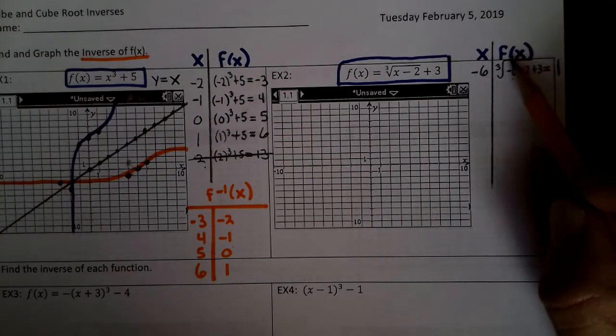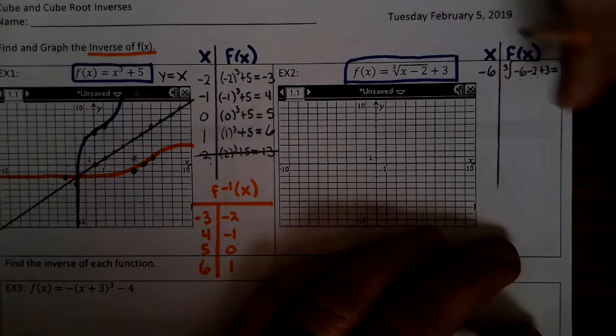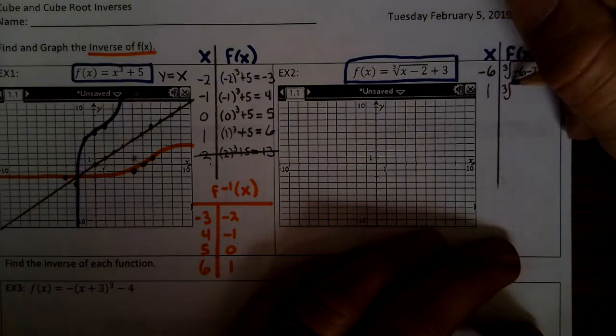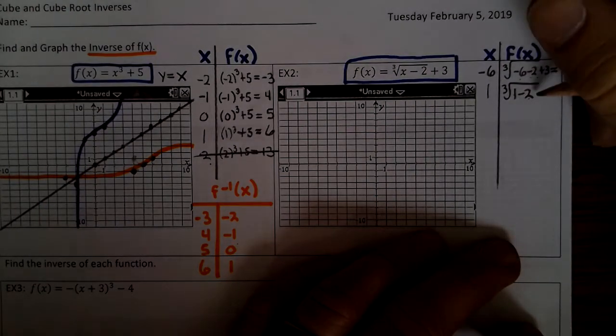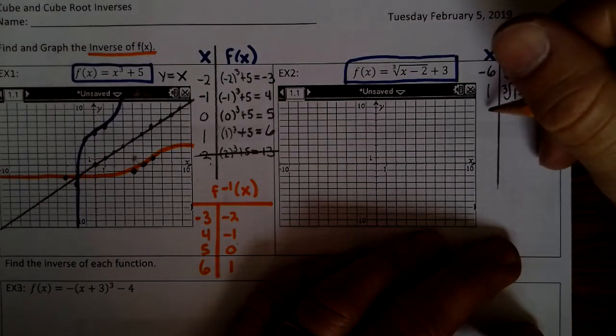Okay? Now I'm going to have x is 1. And again, the reason why I'm picking 1 is because I know 1 minus 2 is -1. I can take this cube root of -1 plus 3 equals 2. And 2, because 2 minus 2 is 0, I can take the cube root of 0.